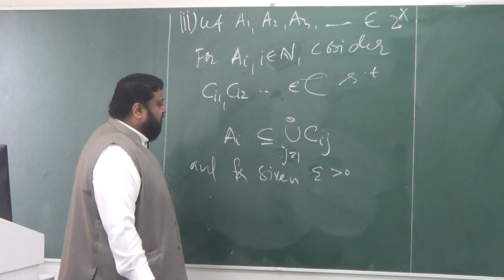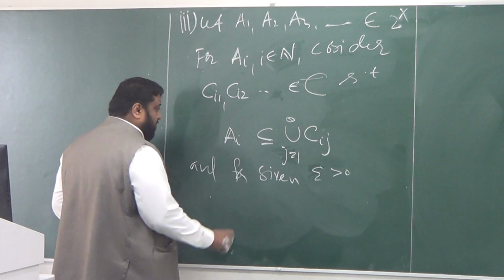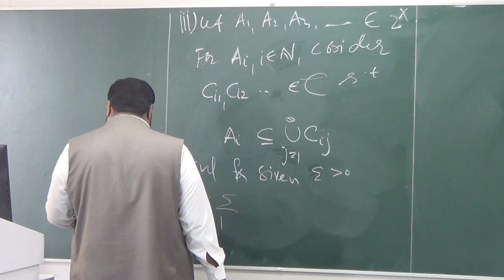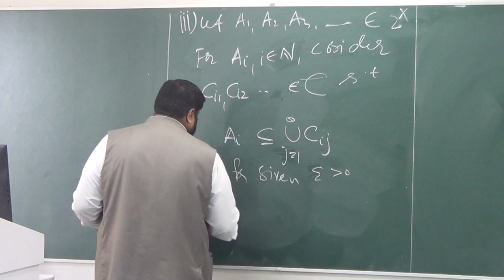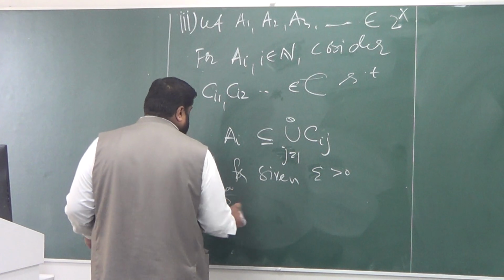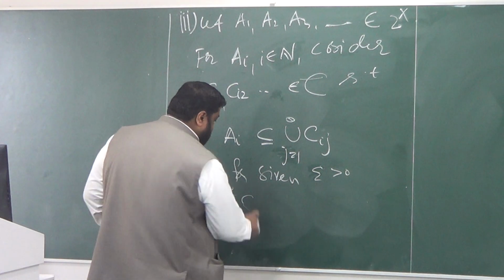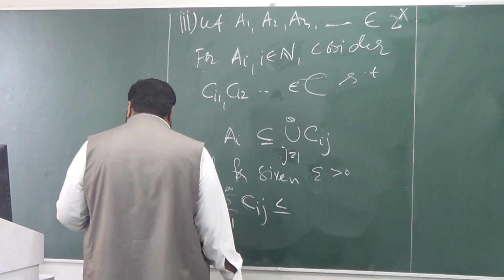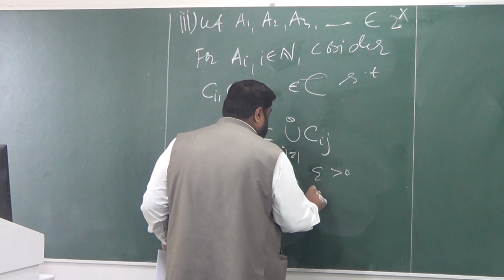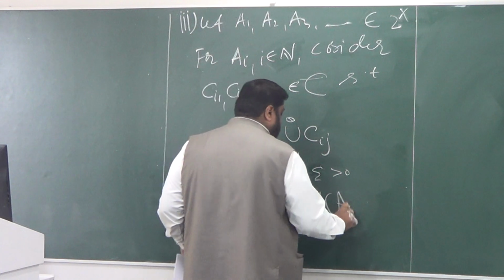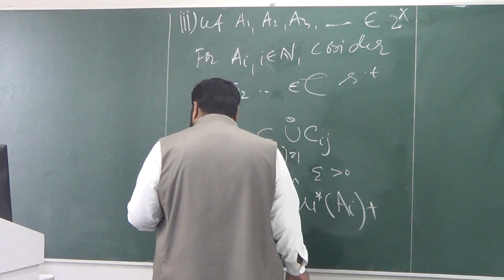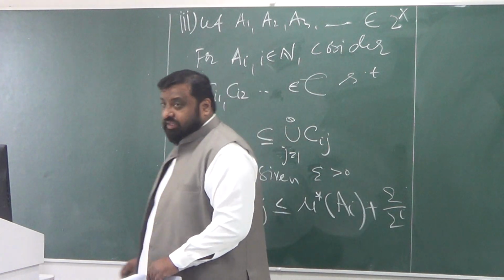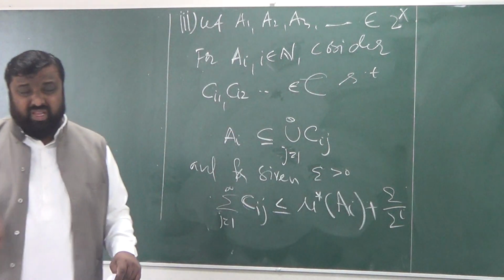So for a given epsilon positive, the sum over j equal to 1 to infinity of the lengths of Cij can be estimated by mu star of Ai plus epsilon by 2 to the i actually. Can I do that?